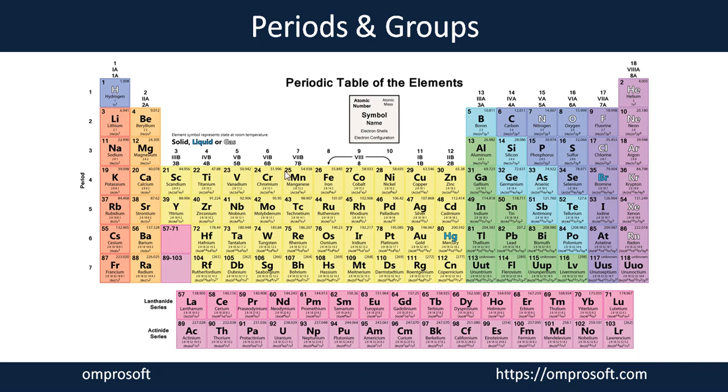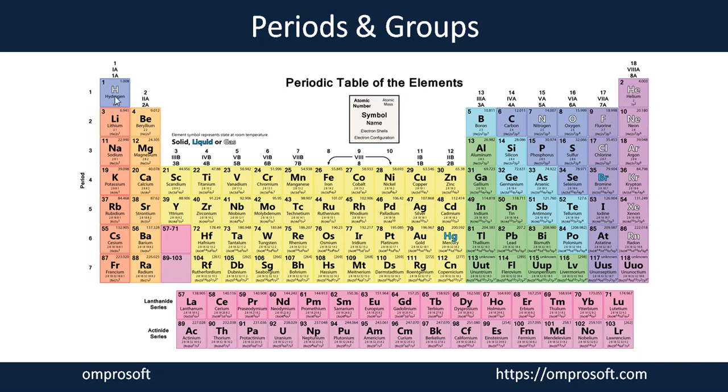Leaving the transition metal part aside, if we consider the A group part, the first group has one electron in the outermost shell in each element. Here there are two electrons, here 3, 4, 5, 6, 7 and 8. That sequence is followed in the group.